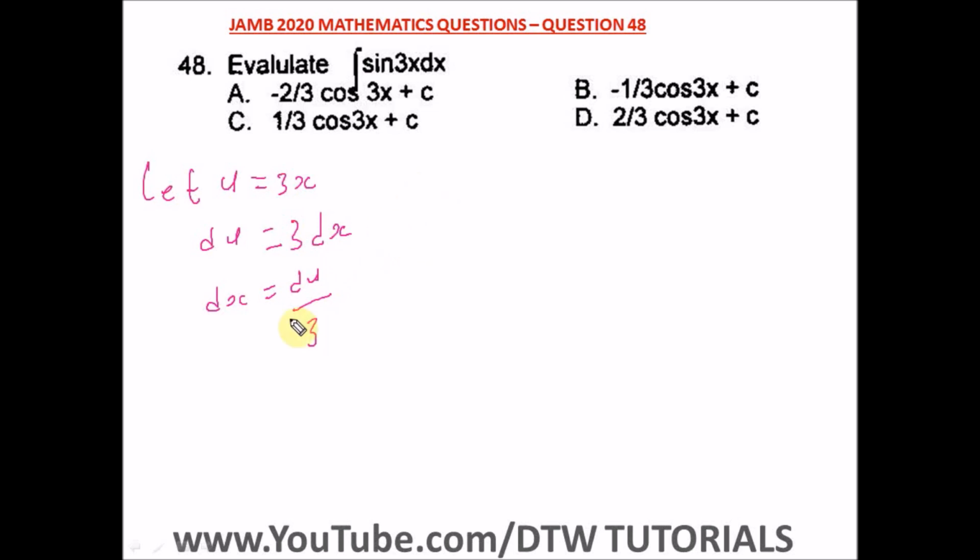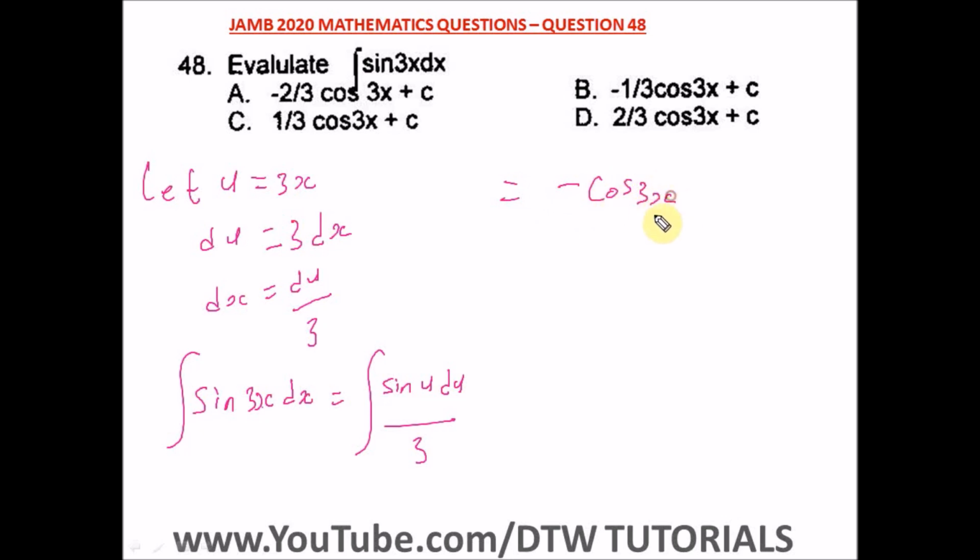So therefore the integral of sine 3x dx is equal to the integral of sine u du over 3, which is therefore equal to minus cos 3x over 3 plus c, which is equal to minus 1 over 3 cos 3x plus c.